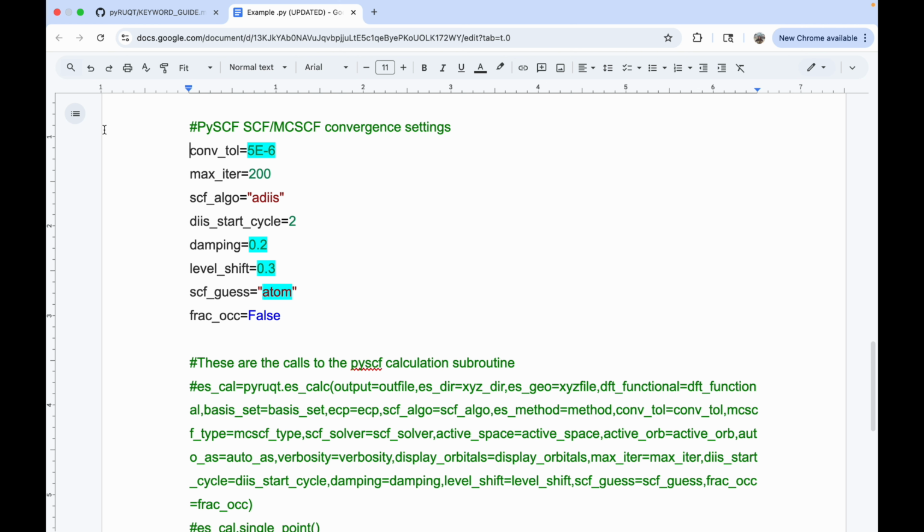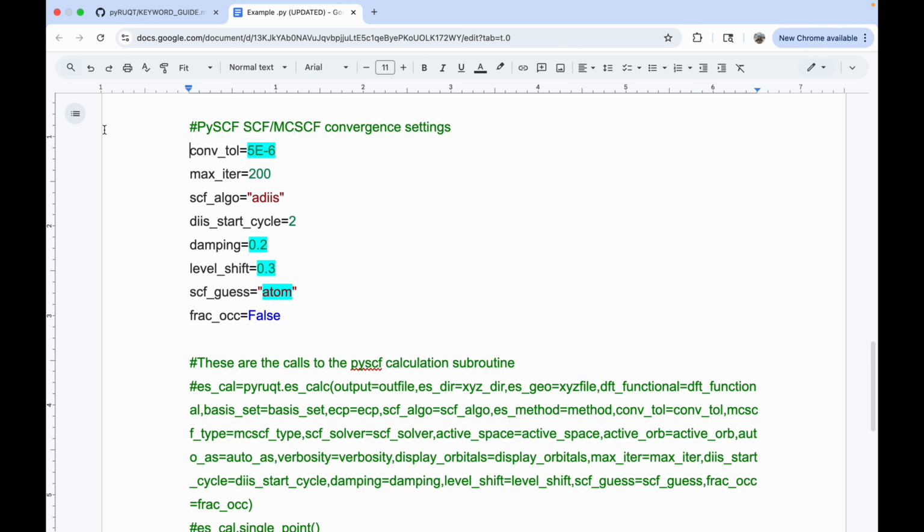This is another thing similar to the SCF algorithm where you can do some research and figure out what would work best for your system. I would like to specify that the check file, CHKFILE, is a really valuable tool, as you can start your SCF guess from a previous calculation. So let's say I ran a calculation and it was very close to convergence, but it didn't quite converge yet.